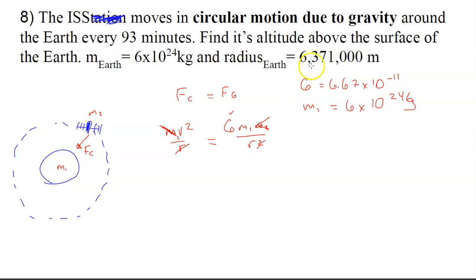R, this is not the radius we want. This is the radius of the Earth, the distance from the center of the Earth to the edge of the Earth. The number they're asking for would be the distance from the surface of the Earth out to the International Space Station.